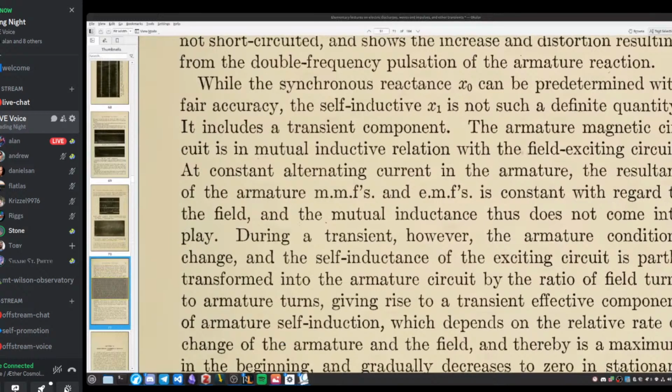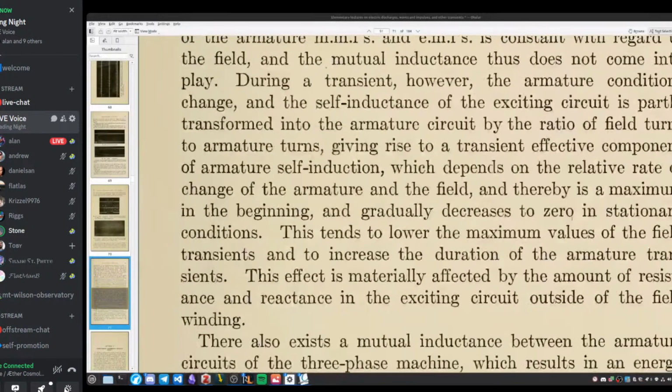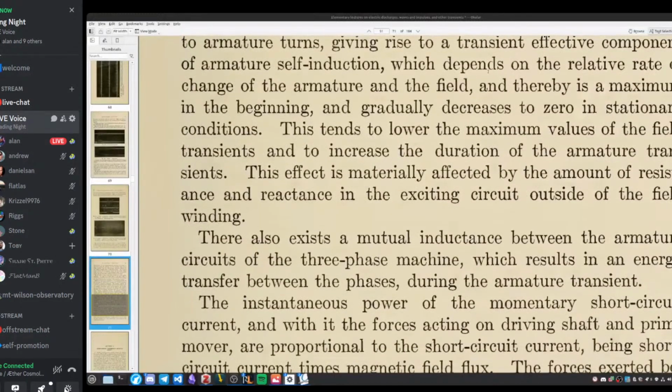During a transient, however, the armature conditions change, and the self-inductance of the exciting circuit is partly transformed into the armature circuit by the ratio of the field turns to armature turns, giving rise to a transient effective component of armature self-induction, which depends on the relative rate of change of the armature and the field, and thereby is a maximum in the beginning and gradually decreases to zero in stationary conditions.